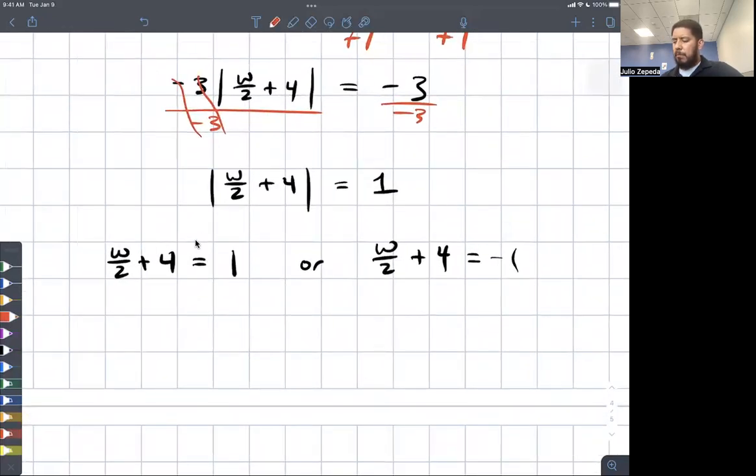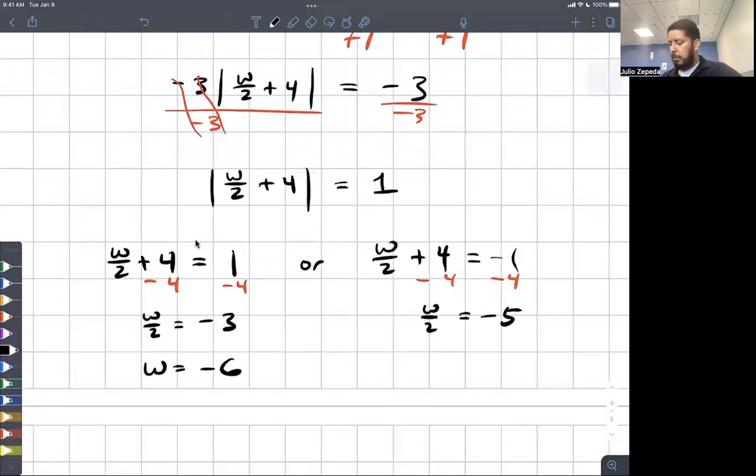I'll solve them by just subtracting 4 on both sides. So we get w over 2 is equal to negative 3, and w over 2 is equal to negative 5. If we multiply by 2 on both sides, then we have w is equal to negative 6, or w is equal to negative 10.